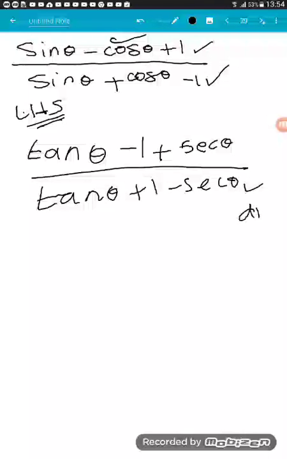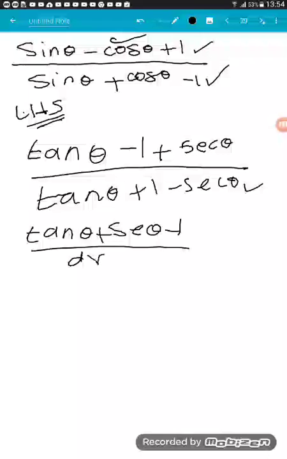I will just write dr, so that we get time to do more and more questions. So tan theta plus sec theta minus 1 by dr. Tan theta plus sec theta.